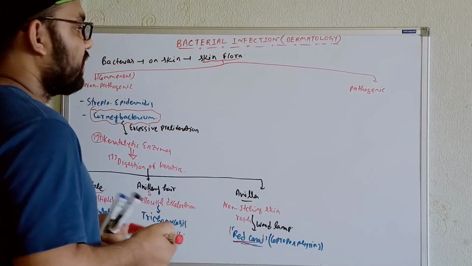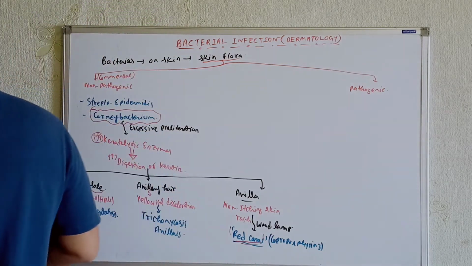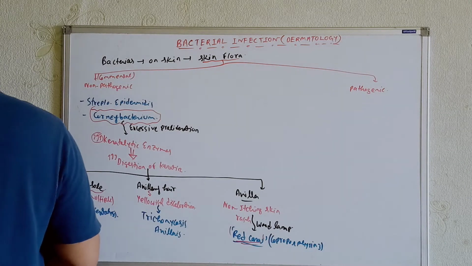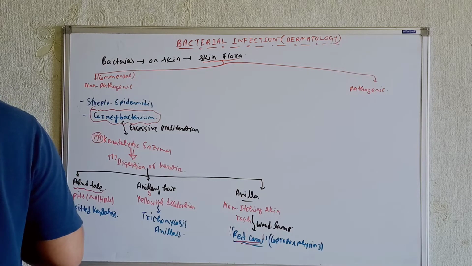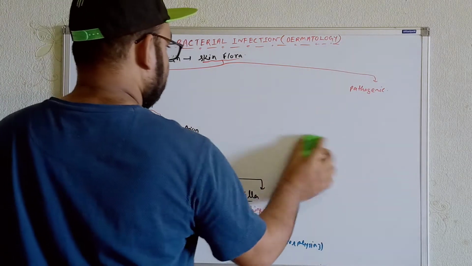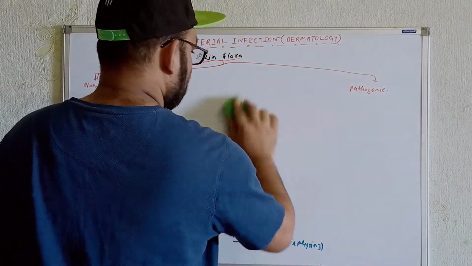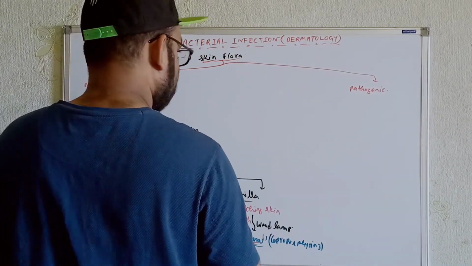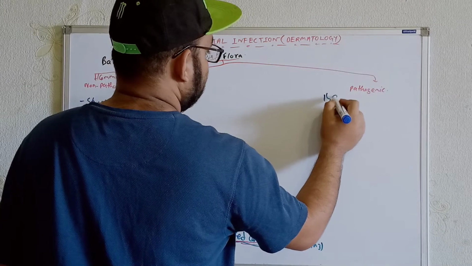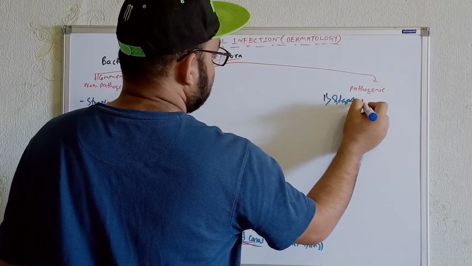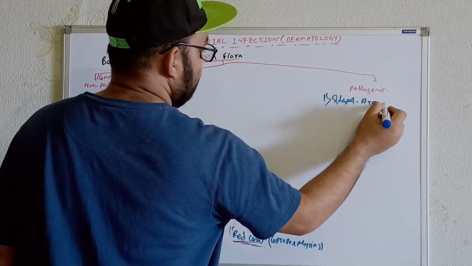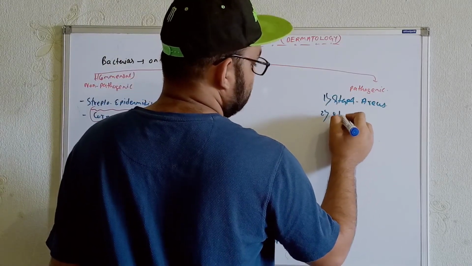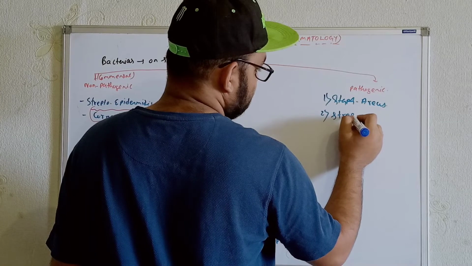Okay, now we'll talk about the pathogenic ones. So let's talk about the pathogenic ones. Whatever bacteria we'll get over here, the first bacteria is Staph aureus, and we can get, for example, Streptococcus pyogenes.